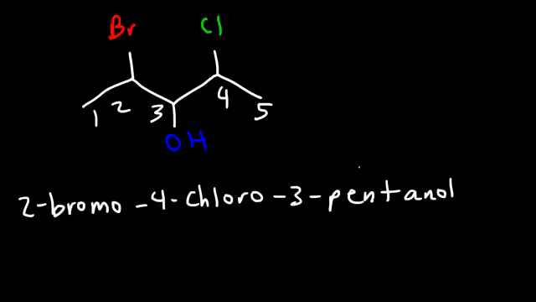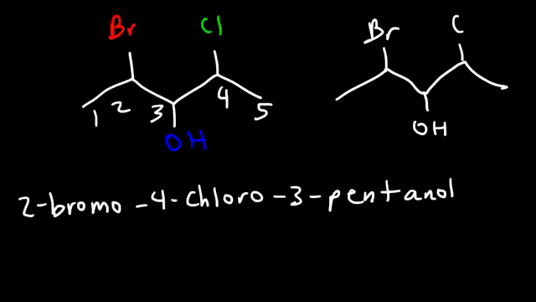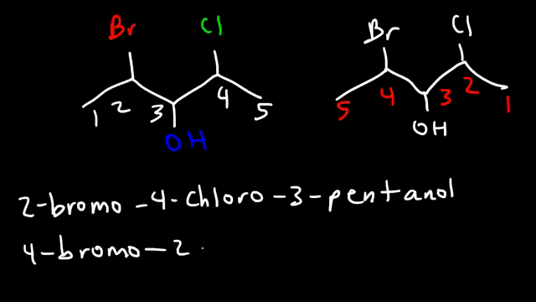Now let's say we count it in the other direction. So I'm going to redraw this first. We still need to put the substituents in alphabetical order. So bromo will still come before chloro. Now this is going to be 4-bromo-2-chloro-3-pentanol.